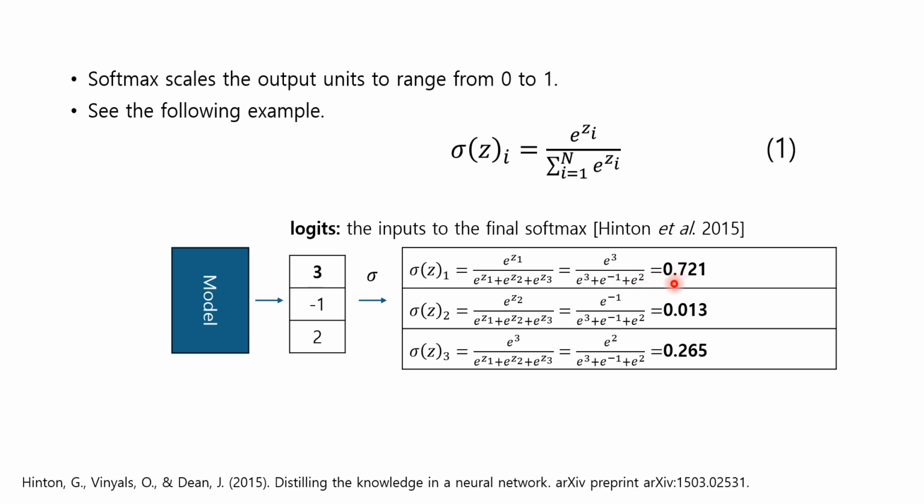If we calculate, it gives us these values, and you can see that these values without boundaries are scaled to range from 0 to 1, as probabilities for each category.